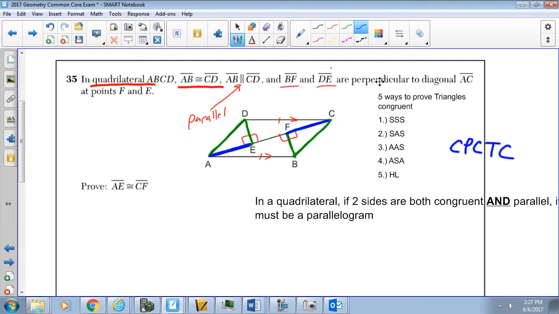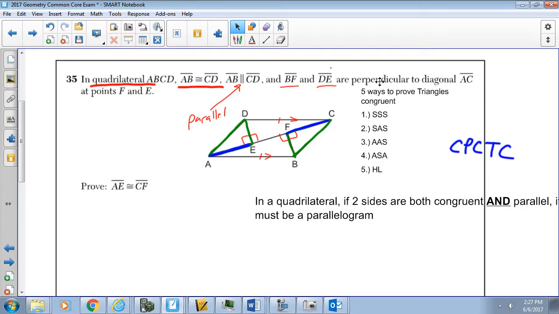All right, so a couple things we're going to need to know. First of all, what 5 ways did we learn to prove triangles congruent? Remember the SSS, SAS, so we have side, side, side, side, angle, side, angle, angle, side, angle, side, angle, and hypotenuse leg. All right, we're actually going to use, well, we'll see it when we get there.